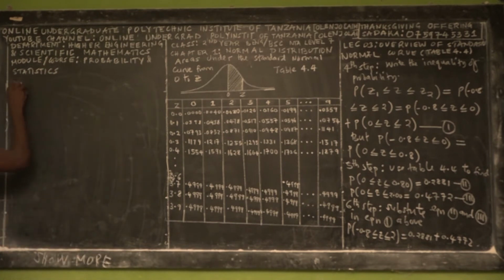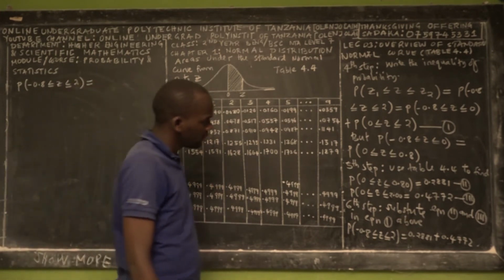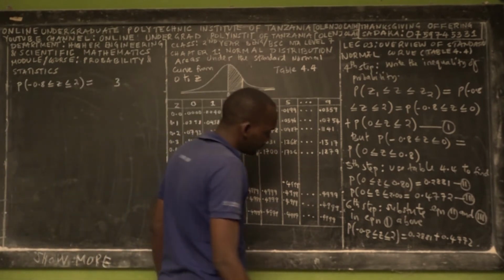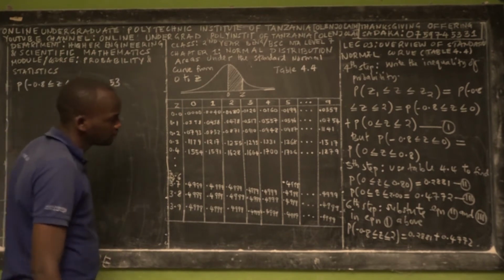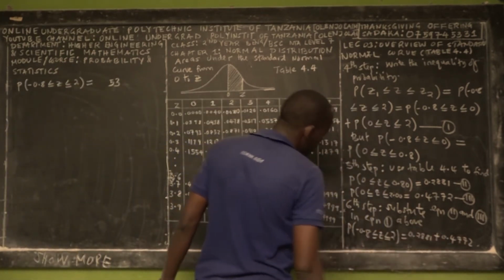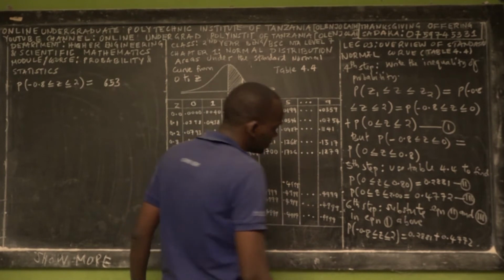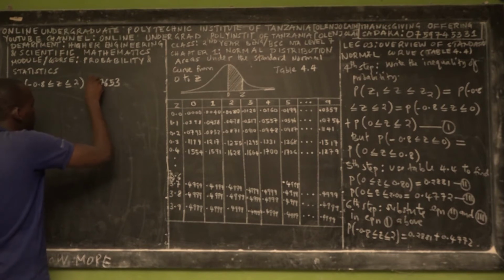So we say the probability from negative 0.8 less than or equal to Z less than or equal to 2 is equal to: 1 plus 2 is 3. Then 8 plus 7 is 15, and 1 is 16, so we still have 1. 2 plus 4 is 6, plus 1 is 7.